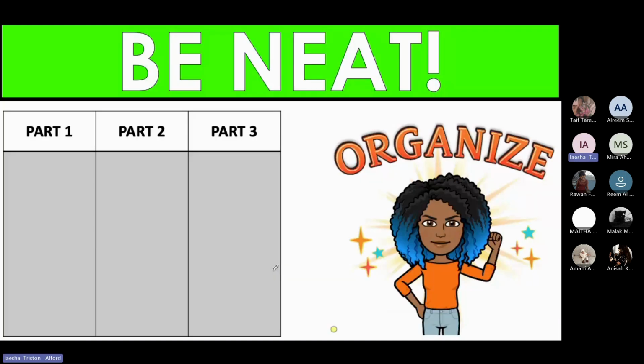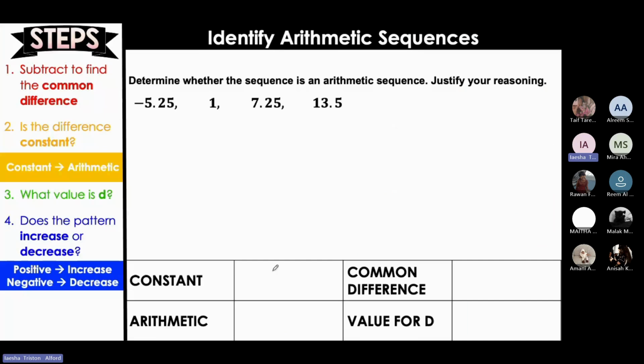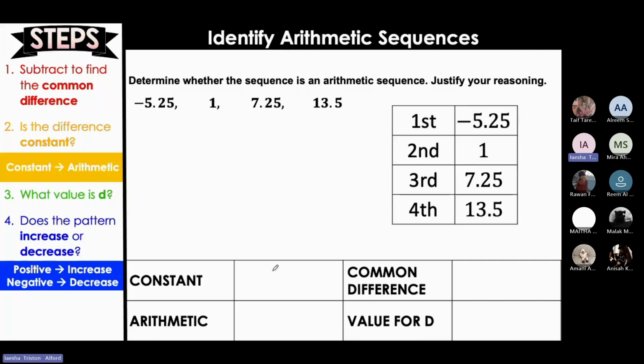To do the question, you have 3 parts to do. Part 1, you want to make a table. If you want to make it easy for yourself, put the numbers in a table. The first number is negative 5.25. The second number is positive 1. The third number is positive 7.25. The fourth number is positive 13.5.